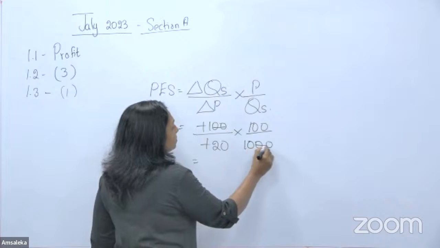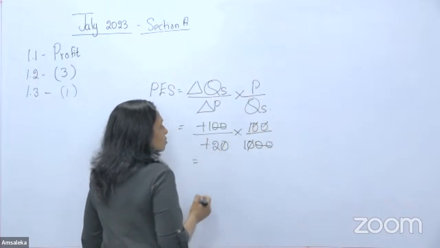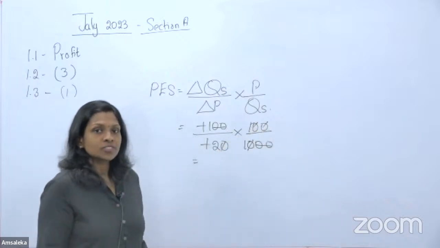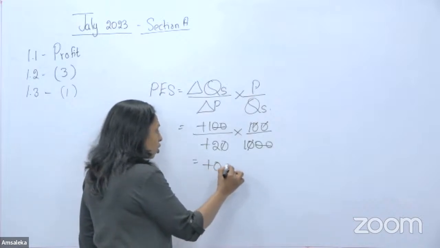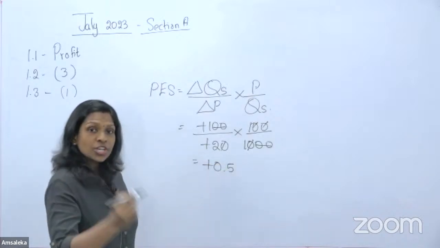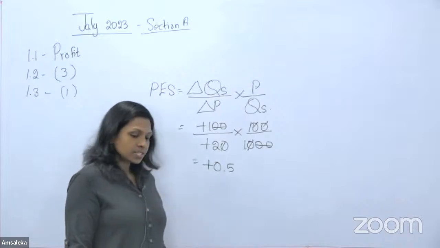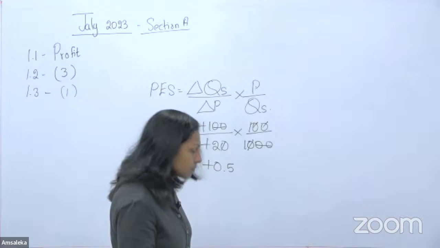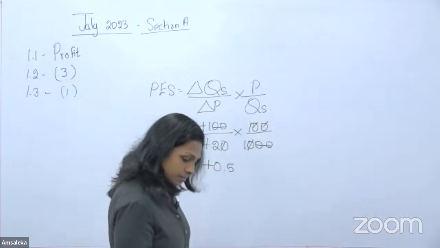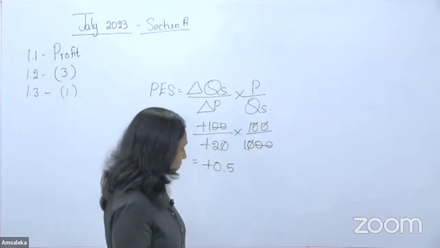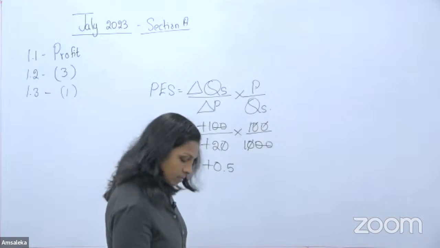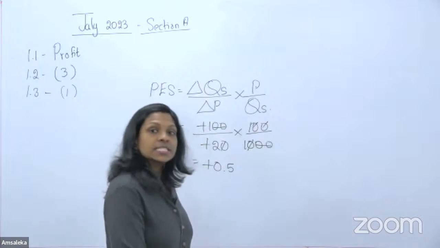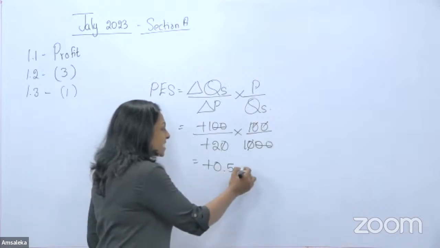So what's the answer? 1 over 2, so 0.5. You can check. Answer is 0.5, so it's less than 1.